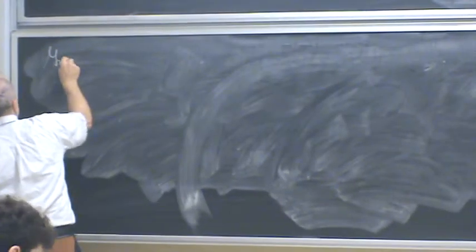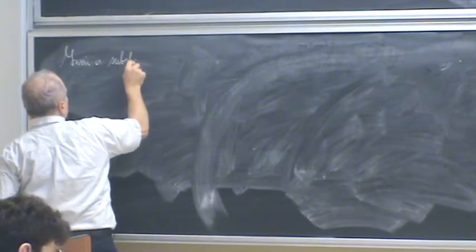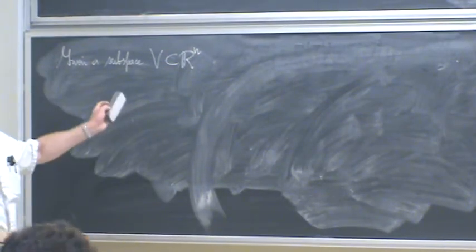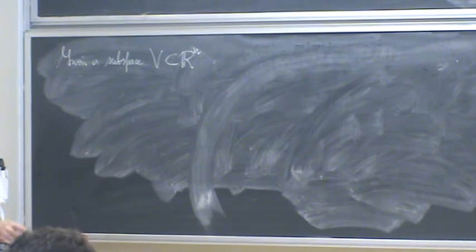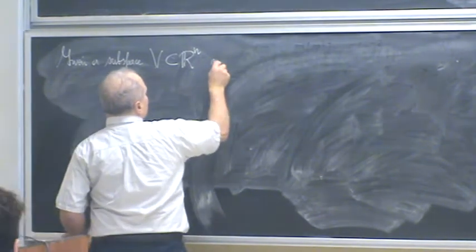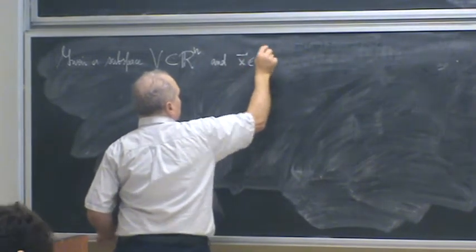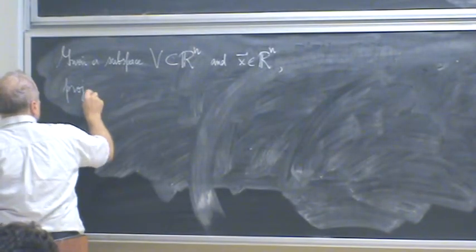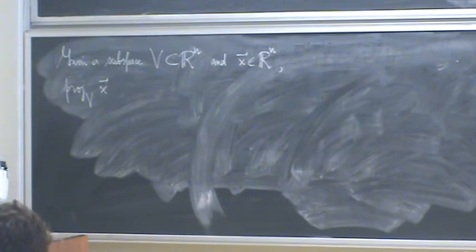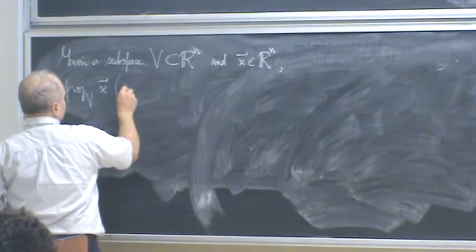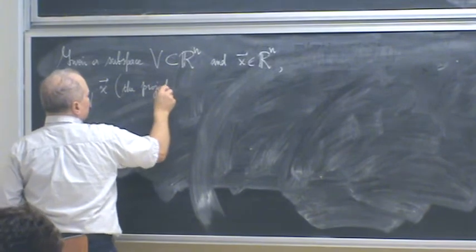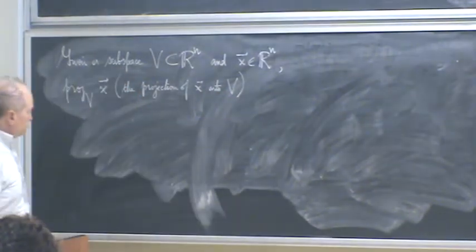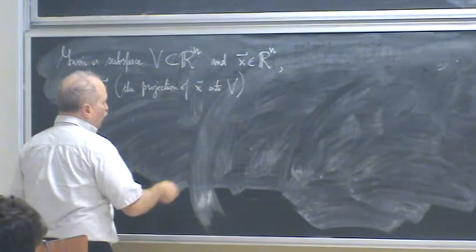So, given a subspace, now you probably see why I switched the dimensions of the matrix around, so that we're going to have a subspace in Rn rather than Rm. Given a subspace V and an X in Rn, proj sub V of X, the projection of X onto V, is characterized by what?